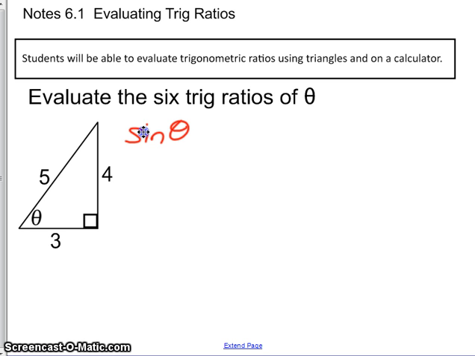Sine is opposite over hypotenuse, and we're going with the angle, or the side opposite the angle theta, okay? We're taking the sine of theta, so that's how you know which is opposite, which is adjacent. So opposite theta is 4, and the hypotenuse is 5. That's opposite over hypotenuse.